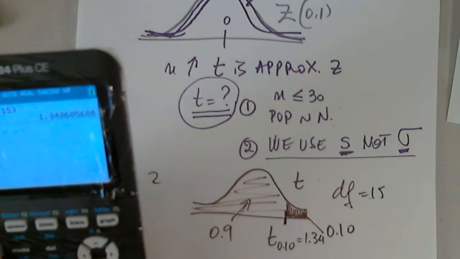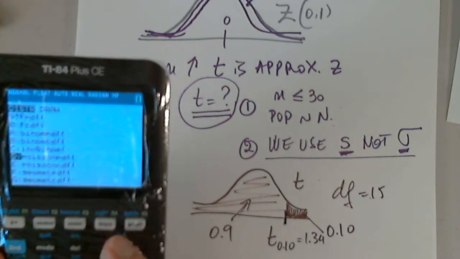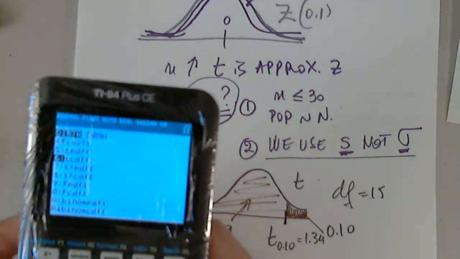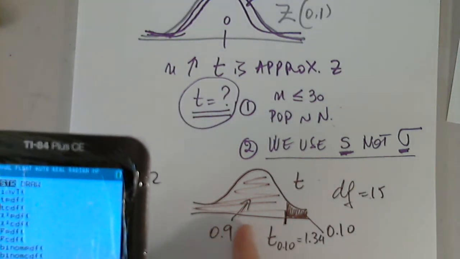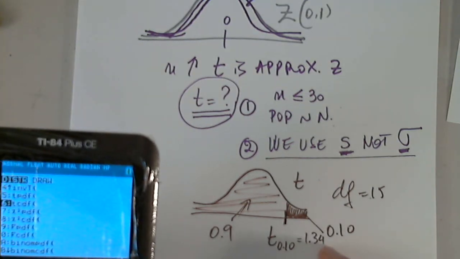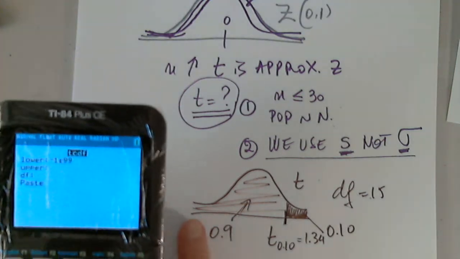And I'm just curious now. Do we have, yes, we do have tcdf. I want to determine the area to the left of 1.34 because something is happening with this calculator.